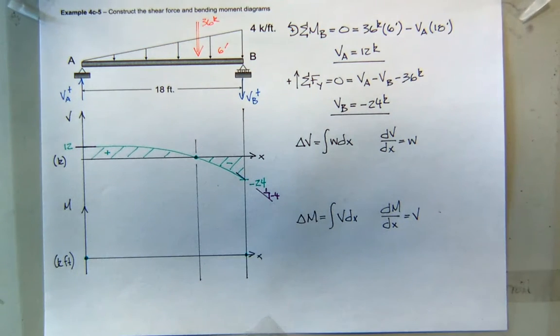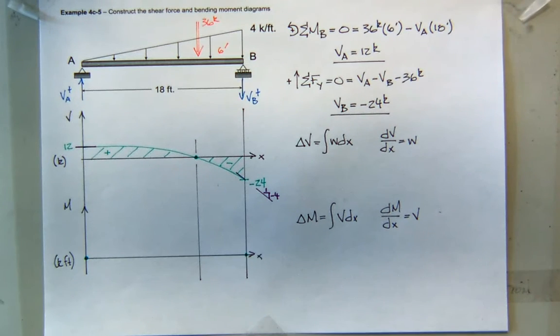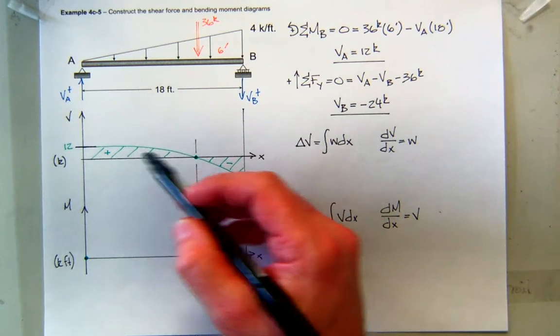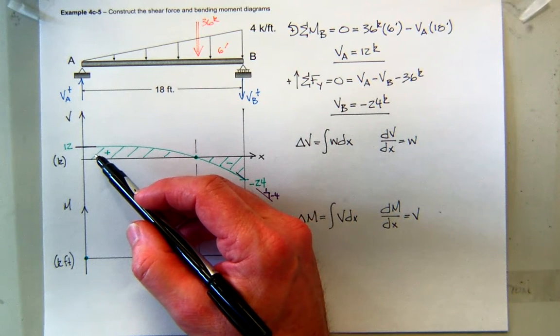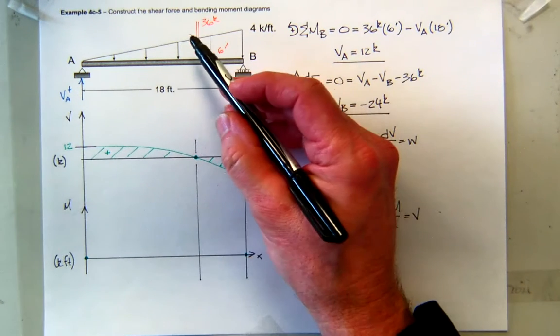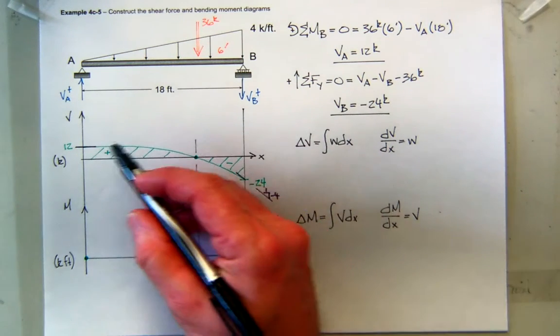The tricky part is, how do I calculate this area underneath the curve? It's not so easy. Now, it just so happens that this little segment here is a parabolic segment because we know it's a parabola because this is a linear line. When you integrate it, you get a second order curve.